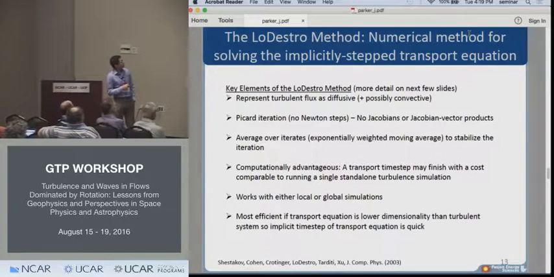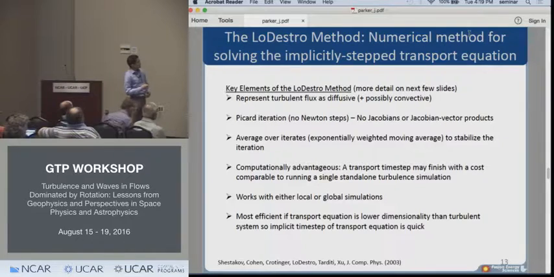The key is to represent the turbulent flux as diffusive and possibly convective, and then use a Picard iteration to converge to the nonlinear solution. We're not using Newton steps, which means we don't need to calculate Jacobians or Jacobian vector products. We use an average over iterates to stabilize the iteration, which I'll talk about in more detail.